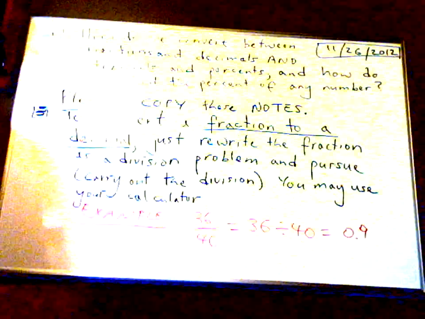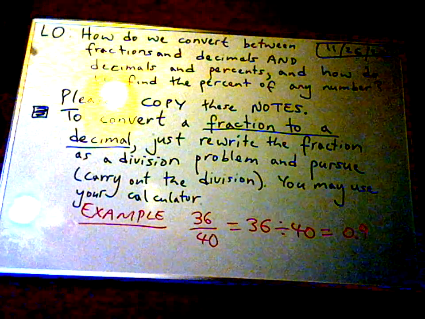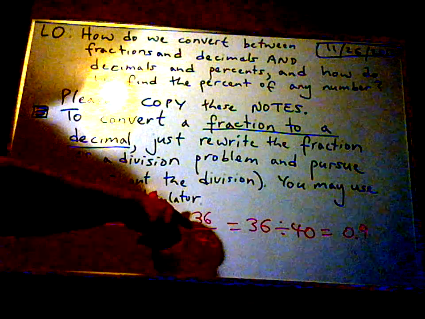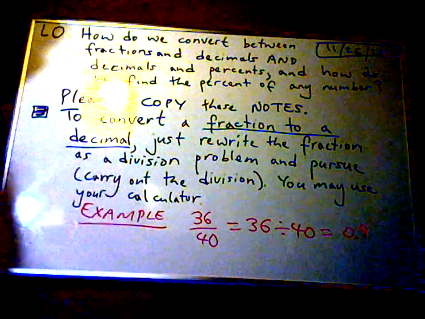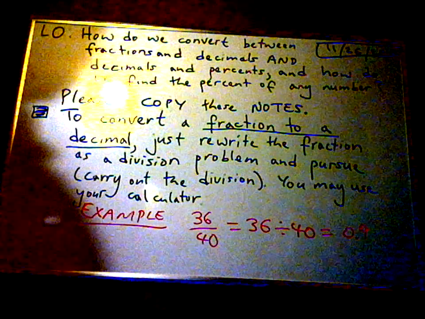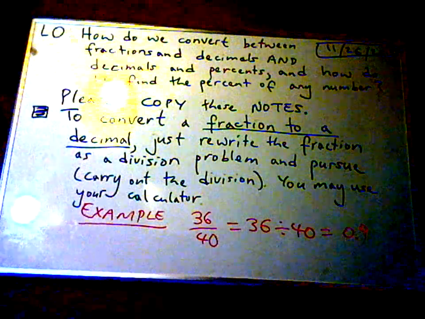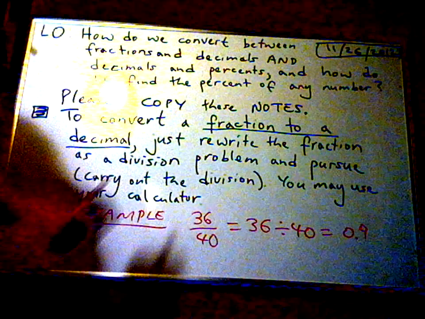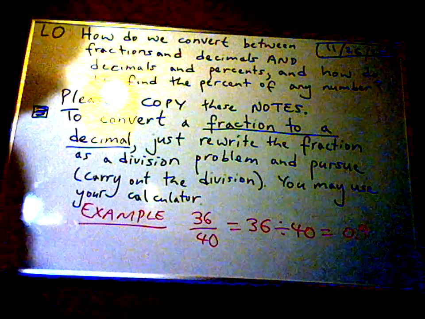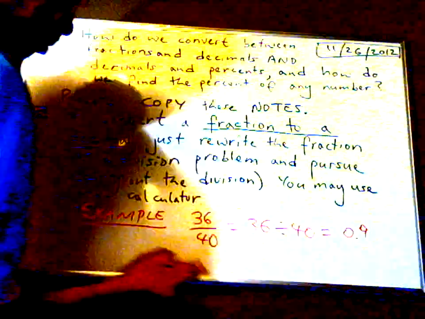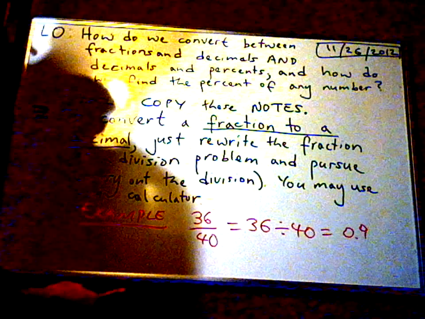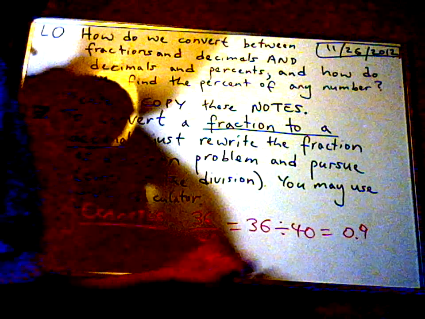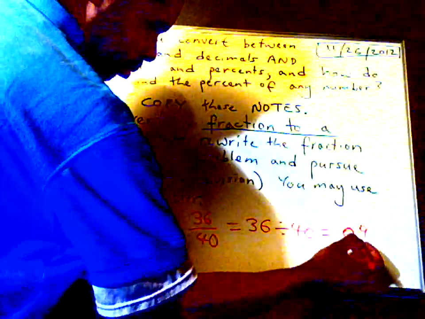Your calculator might give you 0.9. And from memory, some of you might realize you can simplify that and get 9 over 10, which is 0.9. So that's how you convert from a fraction to a decimal: you change the fraction into a division problem. In this case, 36 divided by 40 is derived from the fraction 36 over 40, and your answer is 0.9.